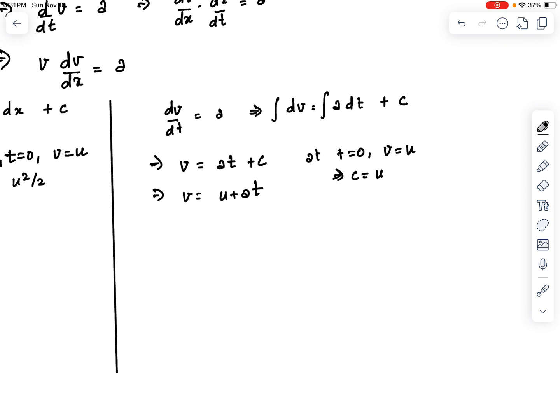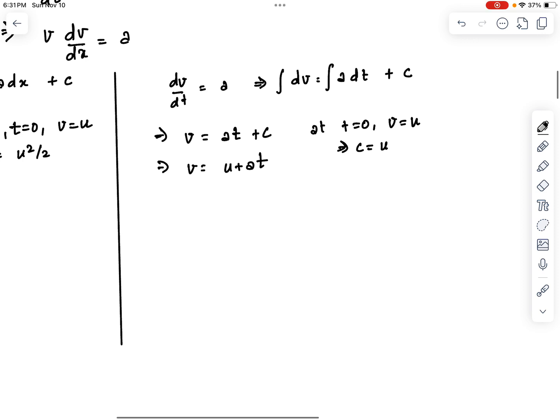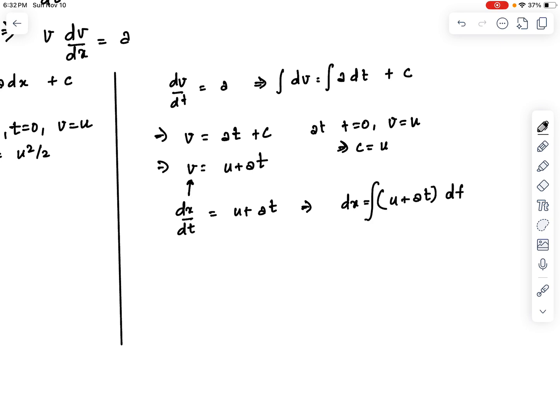So let's derive the third one. Okay? So now here, we know that v equals u plus at. So we write v as dx over dt equals u plus at. So we multiply both sides by dt, we get dx equals u plus at times dt, and we integrate, we add a constant term. Okay.